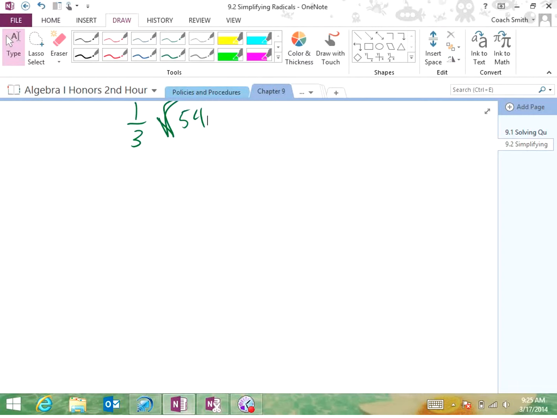Because you can't prime factor that. I mean, there's not a perfect square factor in that number. Because there are a pair of 2s. So that has to stay on the inside. There wasn't a pair of 2s. So that's what's left, but both of them are inside the square root sign.